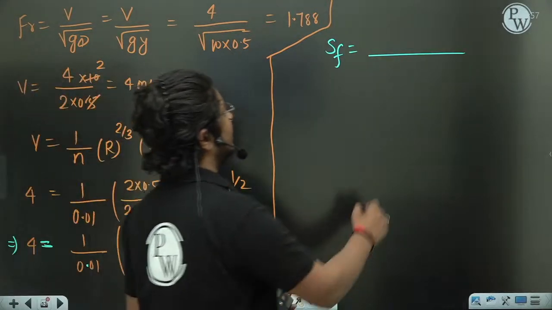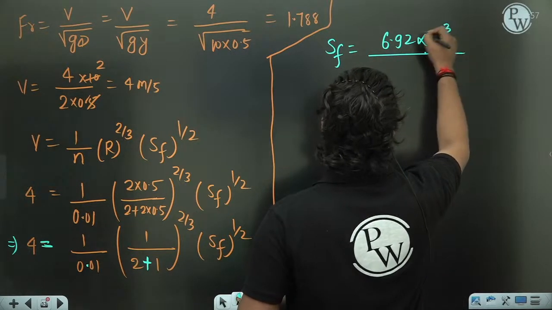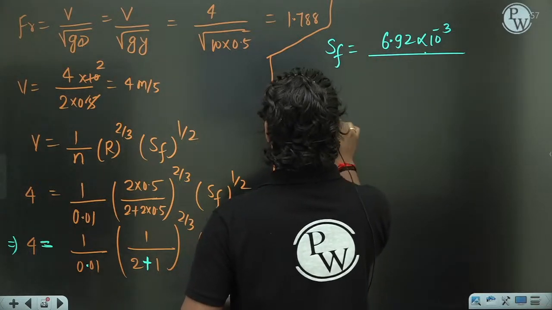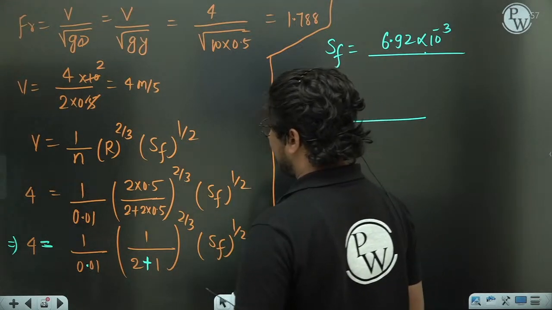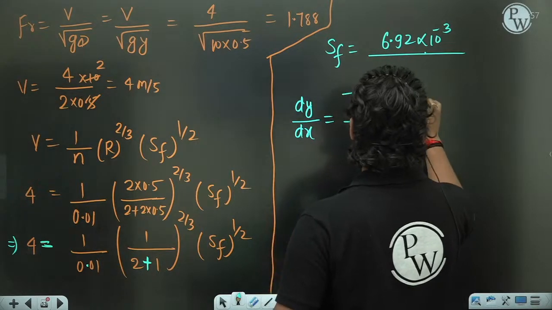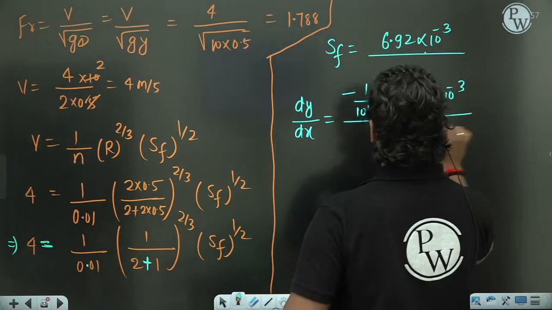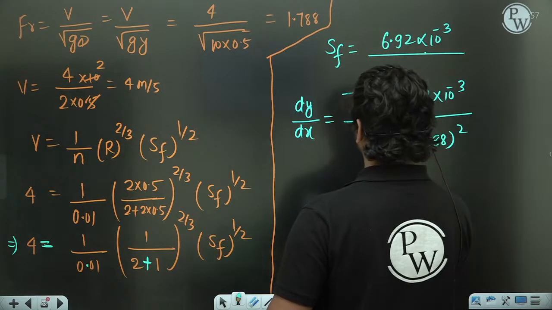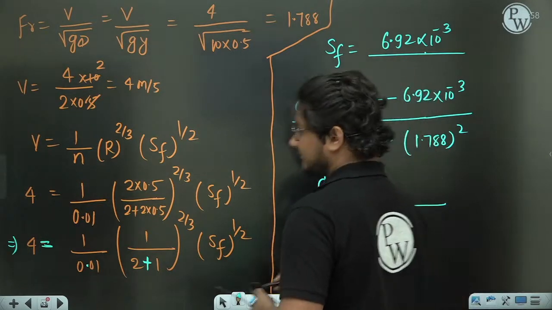So roughly what I'm getting is around 6.92 into 10 to power minus 3. So S naught we are having minus 1 upon 10 to power 4, minus SF, which will be 6.92 into 10 to power minus 3, divided by 1 minus FR square, so 1.788 whole square. dy upon dx, how much we are getting?